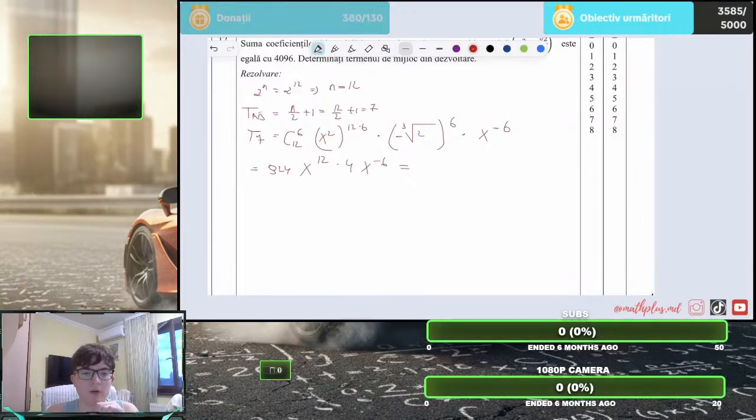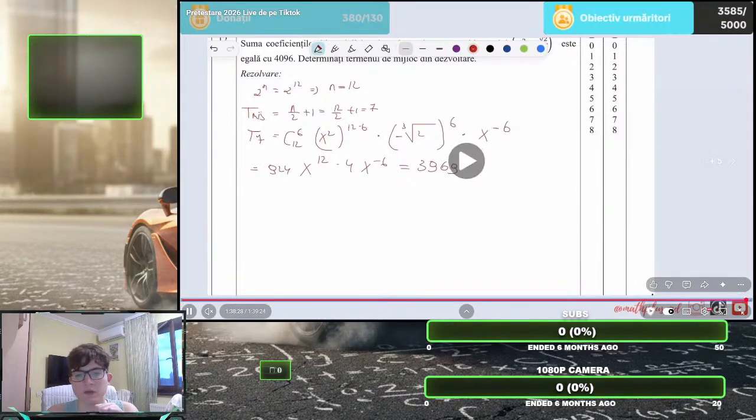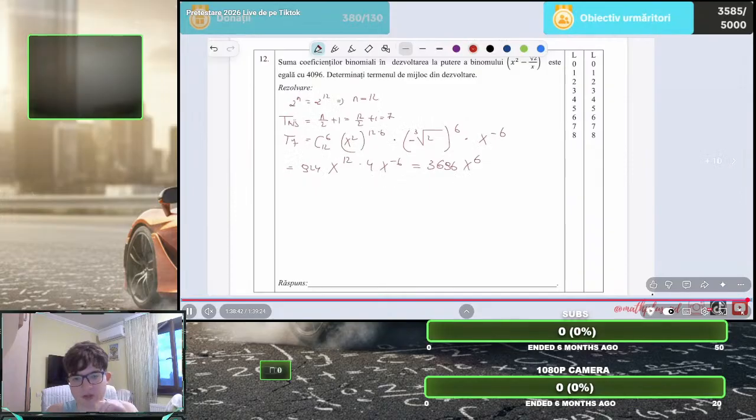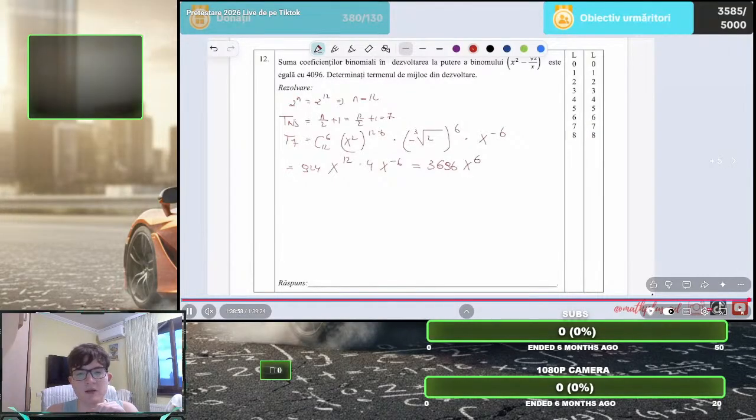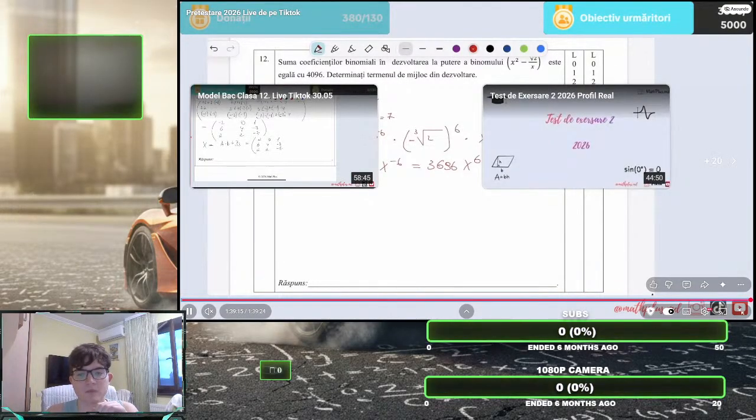And we will have essentially 924 times 4, and x to the 12 minus 6, x to the power of 6, not BMW x6. 3696 x to the 6. So we write down the response, t7 is 3696 x to the power of 6, right? Yeah, I think that's about right.